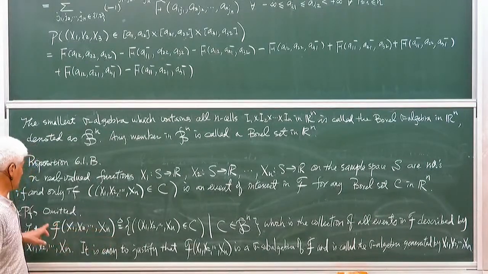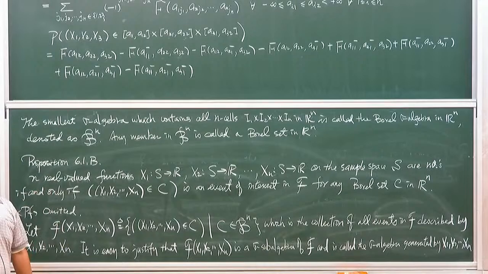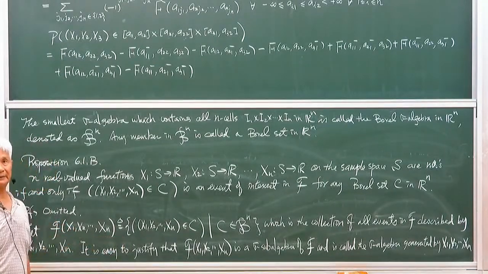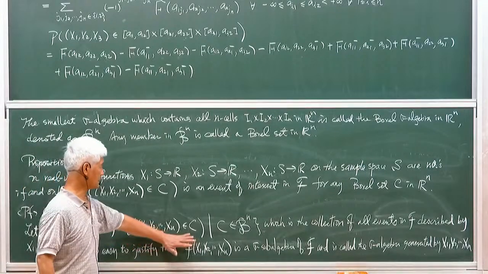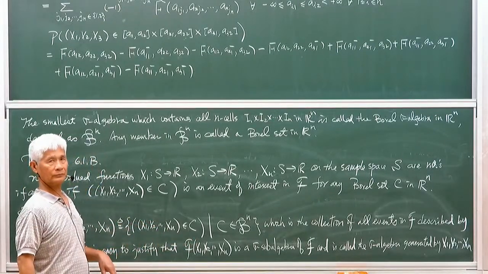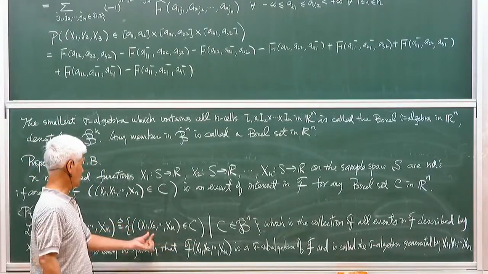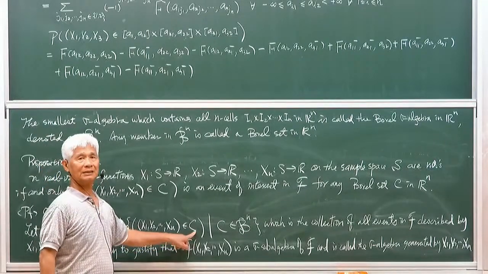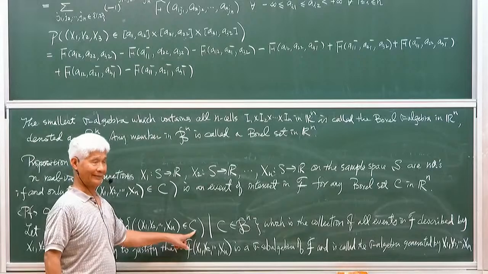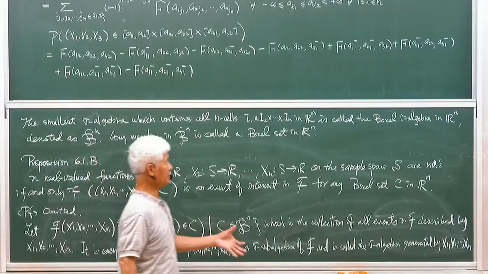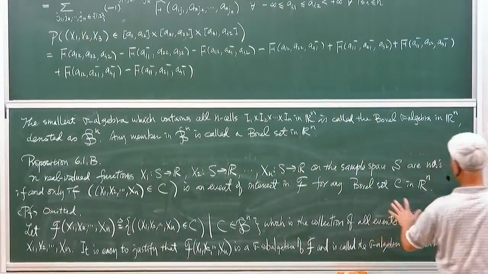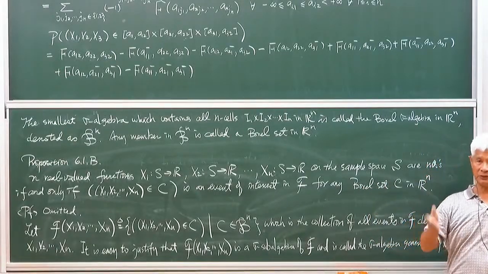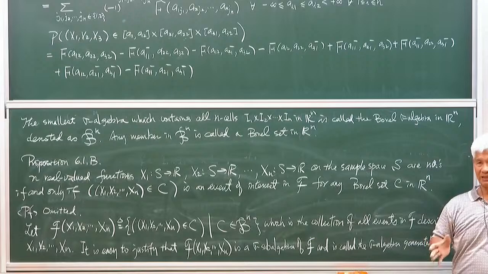All the events which will be discussed in probability theory will be in this sigma subalgebra, which means it's in this kind of event, described by the random vector having value in a Borel set in Rn. And a Borel set in Rn is just a countable complement, intersection, and union of n-cells.